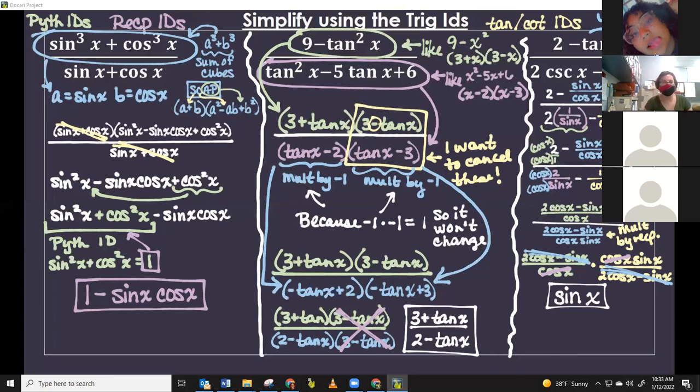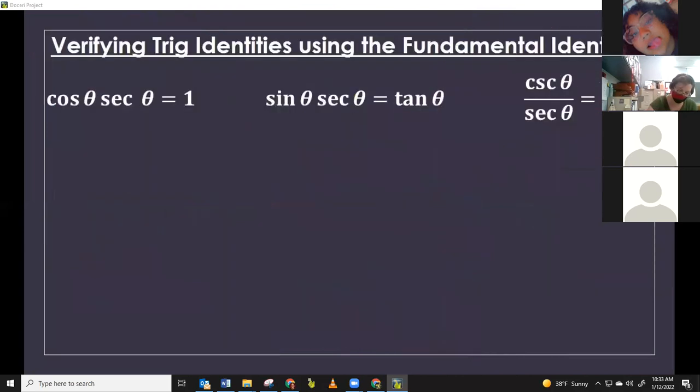Okay. Let's look at a couple of verify problems. I like the verify problems better because with the verify problems, I feel like I've got a goal in mind. With these verify problems, we will always end with left-hand side equals right-hand side.